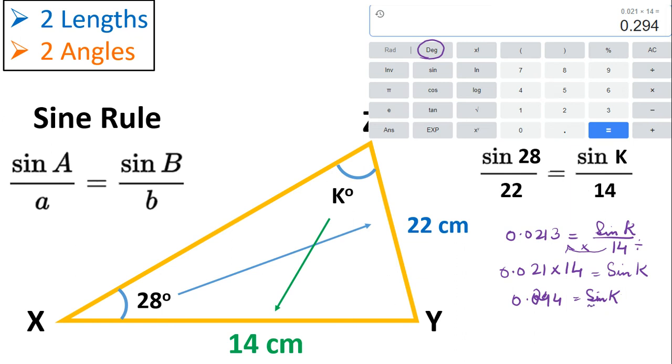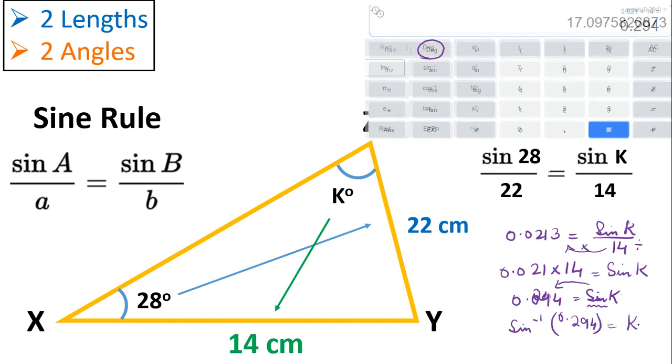Now, since I want to find my K, I need to isolate my K. And if I want to isolate my K, I have to take the sine to the other side. And as discussed earlier, when sine goes to the other side, it turns into sine minus 1, also called sine inverse. So sine inverse of 0.294 is equal to my capital K. Again, first thing, make sure that your calculator is set on degrees.